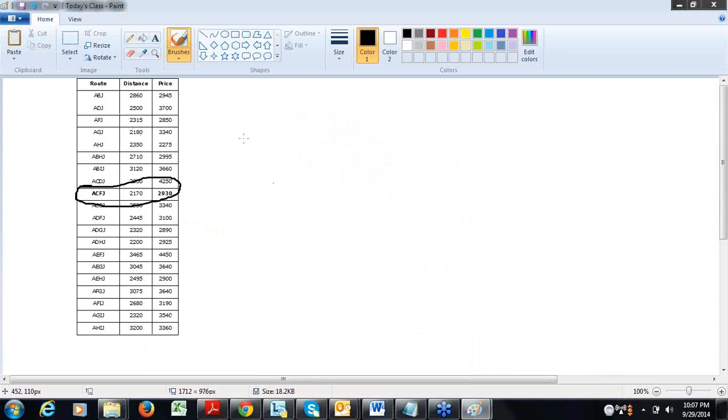For solving I have done it like this, but in reality you need not do all these things.